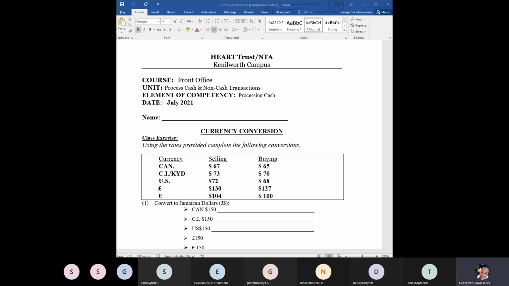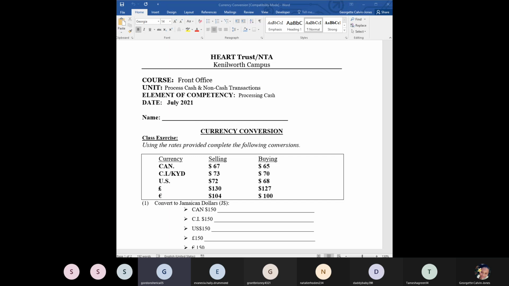Selling means, miss, this got me confused. I understand your confusion. Selling just means when you have US and you want to change it to Jamaican, you just sell it to get Jamaican.